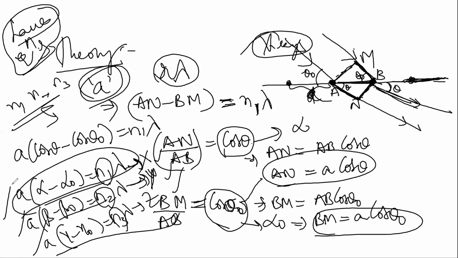A into alpha minus alpha naught equal to N1 lambda, A into beta minus beta naught equal to N2 lambda, and A into gamma minus gamma naught equal to N3 lambda. Now you have understood everything. You are perfect now in the Ley method. This is the theory which you have to derive in your examination. So I hope you understood now.